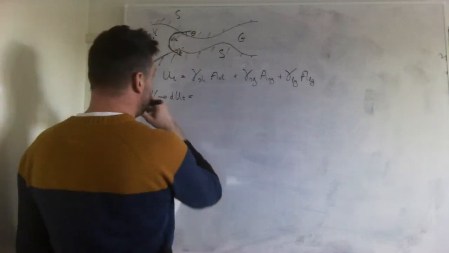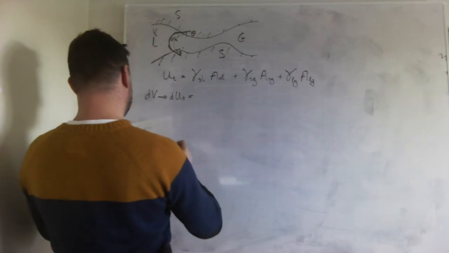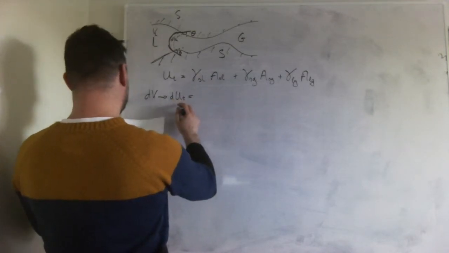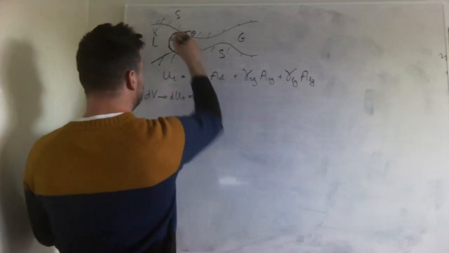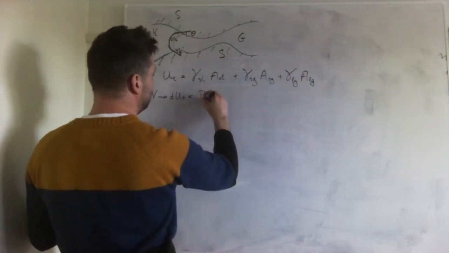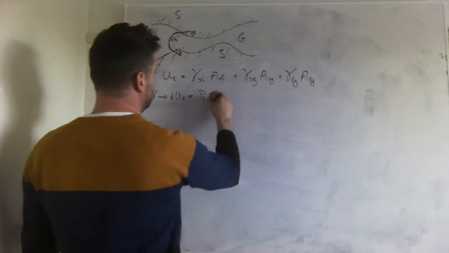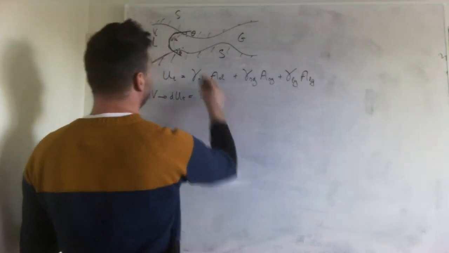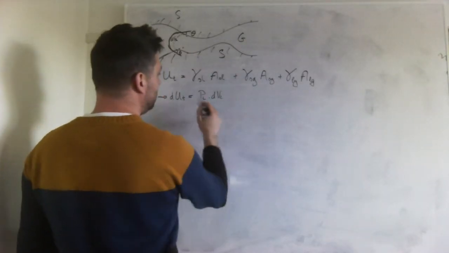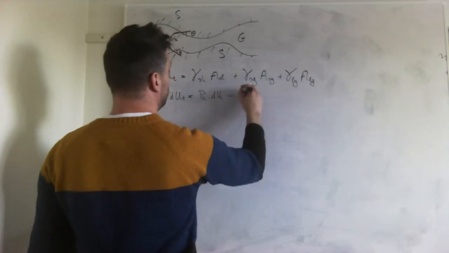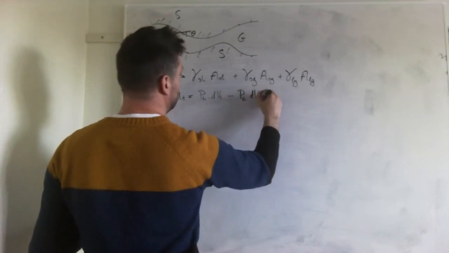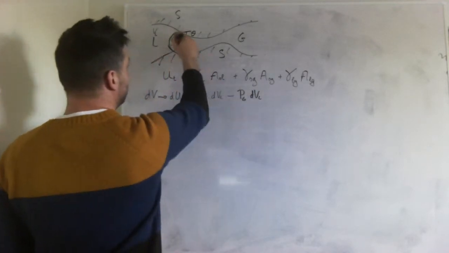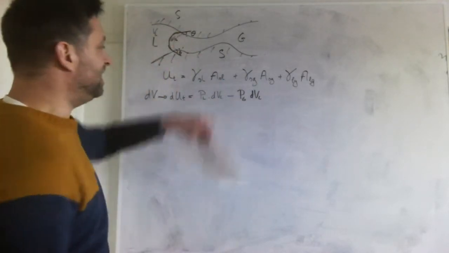So I can say that the energy change equals the energy density in the liquid, which is the pressure in the liquid, times dVL. That is the liquid volume I add, the energy of that, and I remove the energy density of the gas times the volume change. So that's the energy of the gas that I remove. That is the energy change that I do.